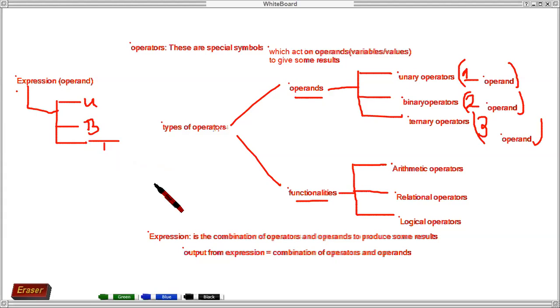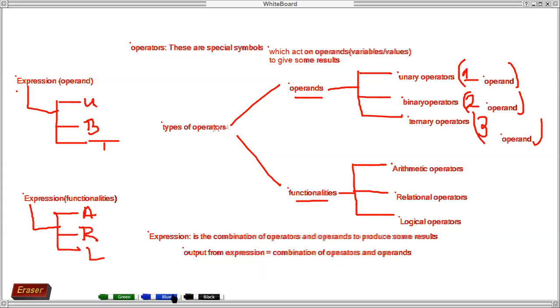And if we define expression in terms of functionalities, then again it can be divided into three: number one is arithmetic, one is relational, and one is logical expression.